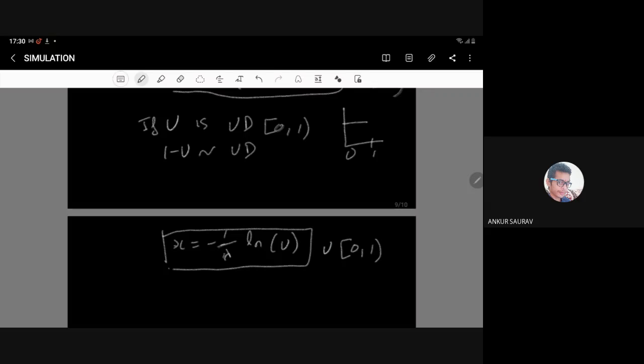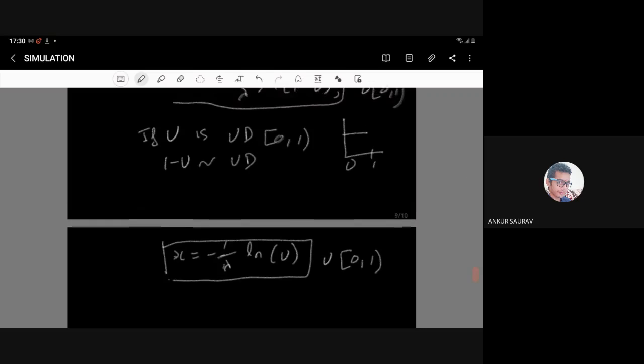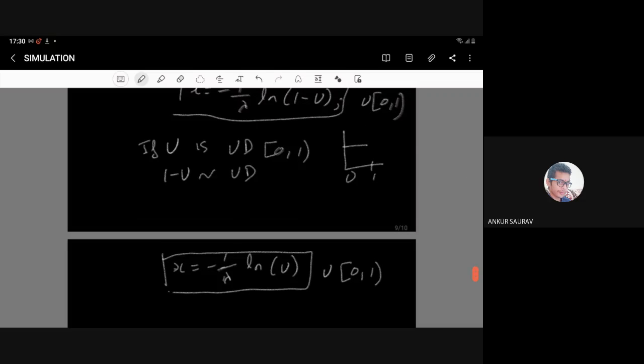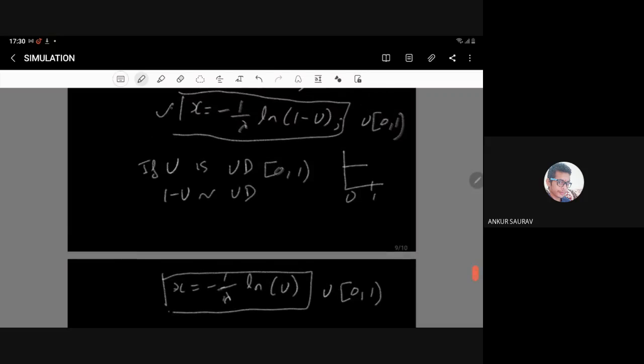But a very important thing, you have to take care that you can use only one. Means for the generation of different variates, you cannot use sometimes this or sometimes that. Either for the complete problem you have to use the first one, or you have to use the second one, but you cannot use both continuously.